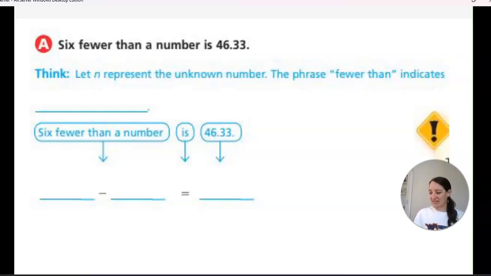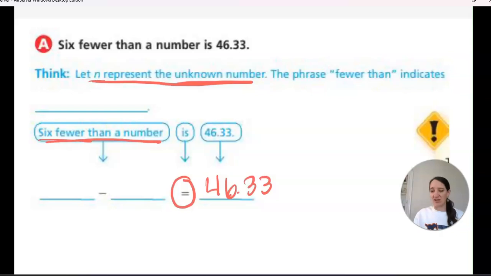So if we have something that says 6 fewer than a number is 46.33, we know that the is, like we have here, is an equal to, and then we have a 46.33. Now, how do we write 6 fewer than a number? Well, let's let n represent the unknown number. I know sometimes when you see 6 fewer than a number, you think that's permission to use any number, right?